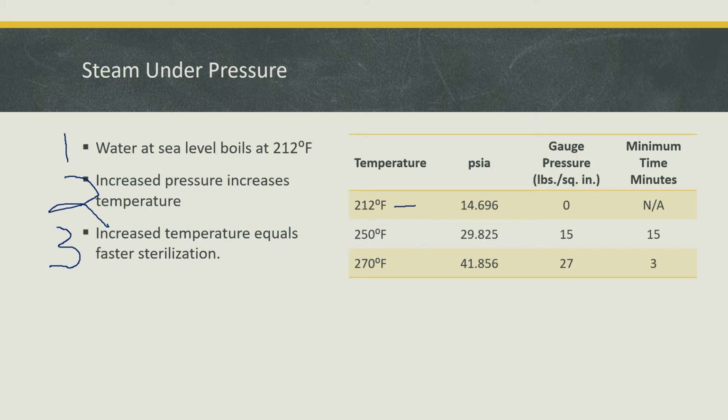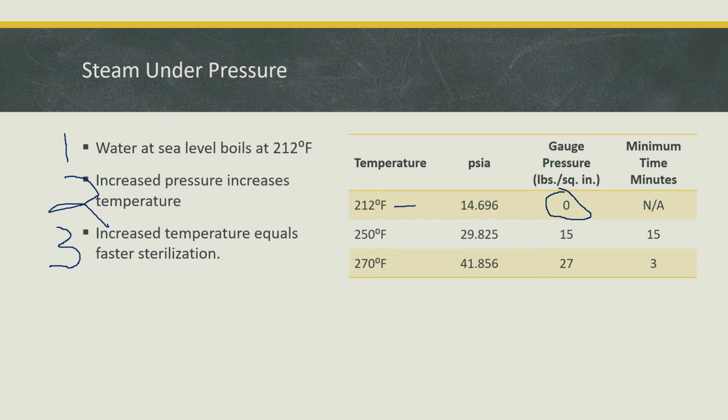Normally, our PSI for that is going to be around 14 as far as atmospheric pressure, but on any sort of sterilization that you're using, any sort of container that would have a pressure gauge on it, our gauge pressure would be 0. Now this would be, like I said, at sea level.